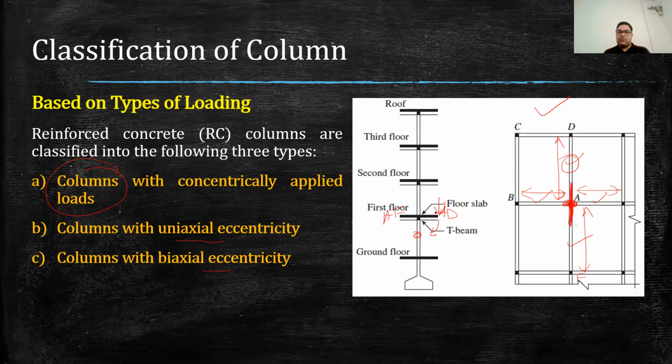As the same load is applied on this beam also, it will try to rotate like this. So this rotation will be countered by that rotation, and therefore bending will not be transferred to the column, only shear force will be transferred.